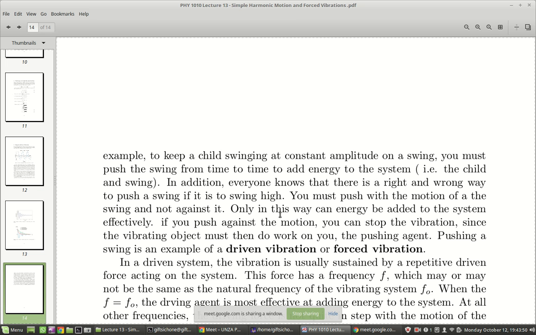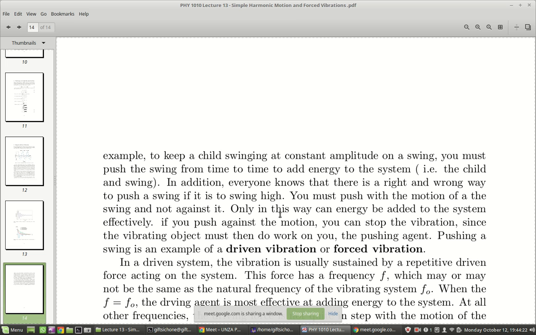When you are pushing, then you have this back and forth. If you've got a back and forth motion, which is a result of a force being applied, then that is what is known as forced vibrations or forced harmonic motion. Okay? For you to have maximum amplitude, you need to push with a frequency which is equal to the frequency of the system you're pushing.